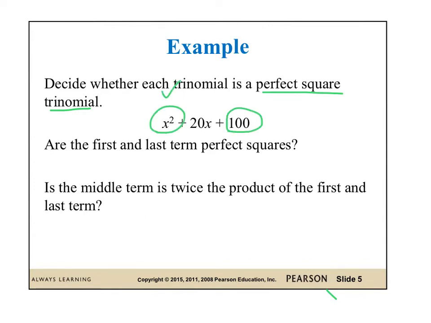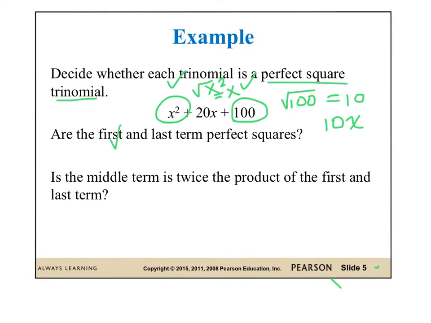Yes, 100 is a perfect square because the square root of 100 is 10. The square root of x squared is x. And so we have 10x as the product.